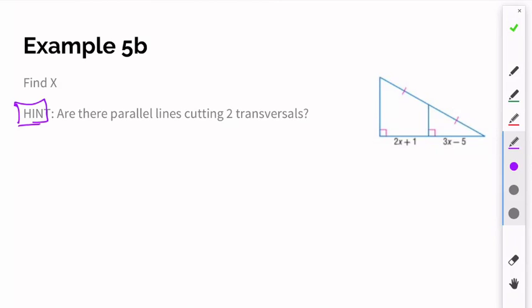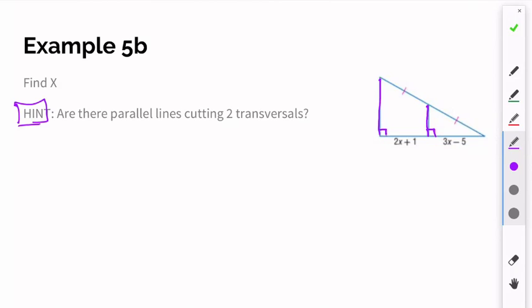Well, it doesn't tell us anything about parallel lines, but this tells me that we have a 90-degree angle. This tells me we have a 90-degree angle, which means that these lines here have to be parallel. They have the same exact angle that they're hitting that transversal on, therefore they're parallel.